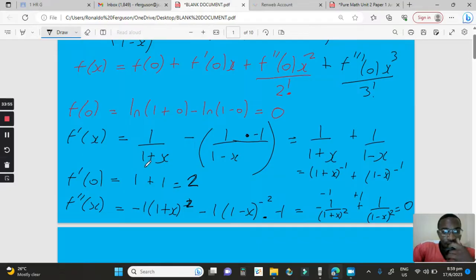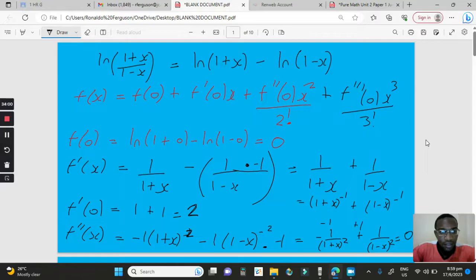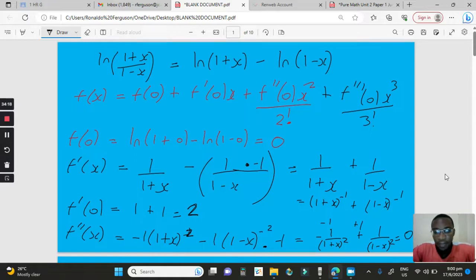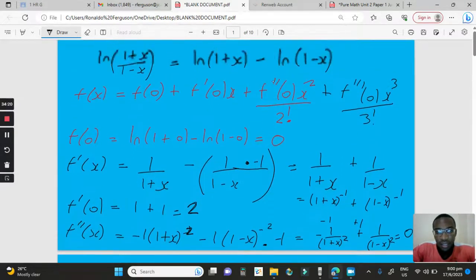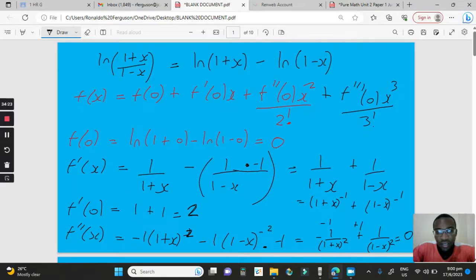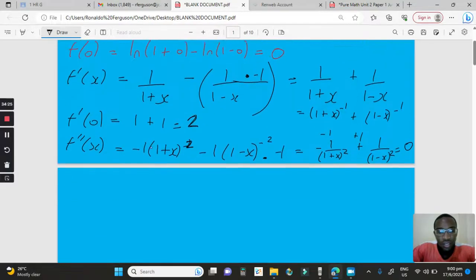Let's go again. Alright. So first term here, second term here. And no, that's not helping because this is saying this is 0. So f triple prime of x, alright.